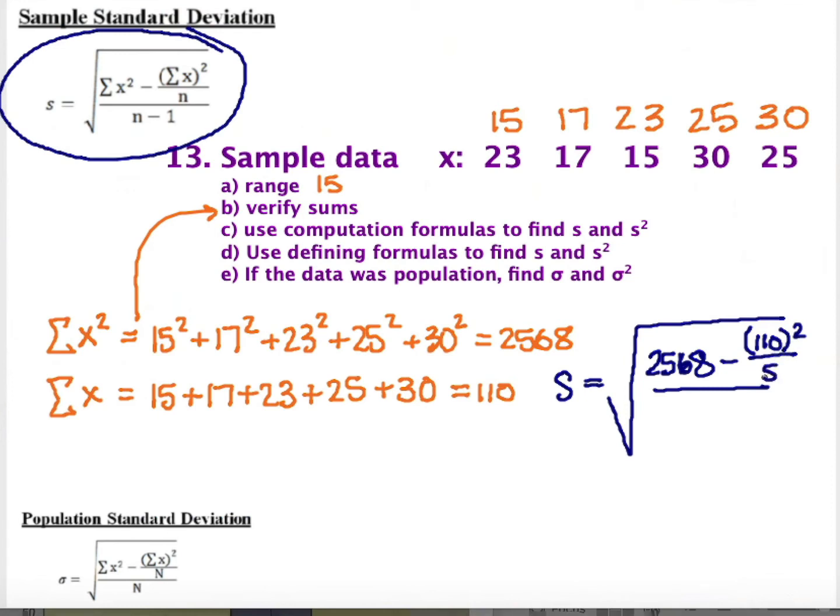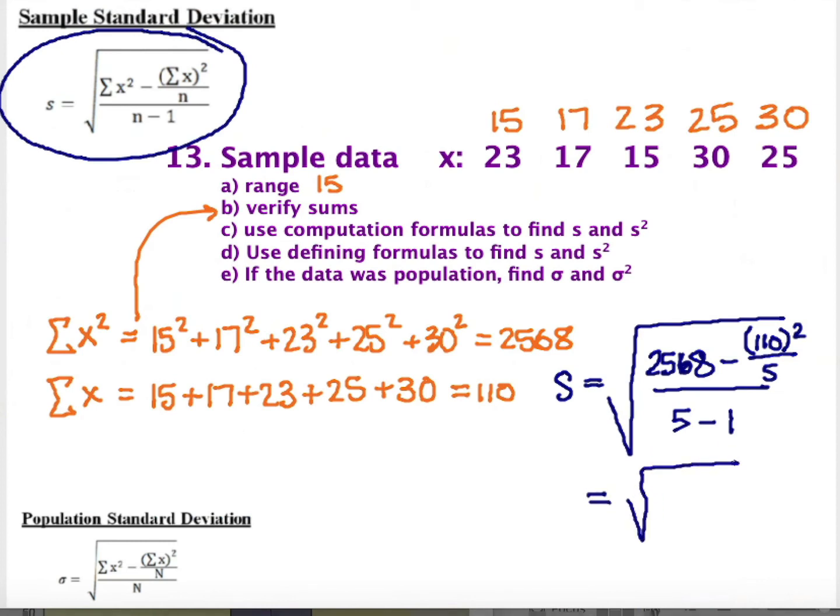We've got 5 numbers here, and all divided by n minus 1. So that's why the computation is just a little easier on this formula, because we didn't have to make any of those crazy tables. You'll want to be a little careful typing that in.